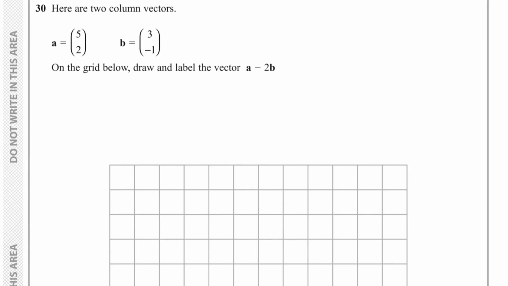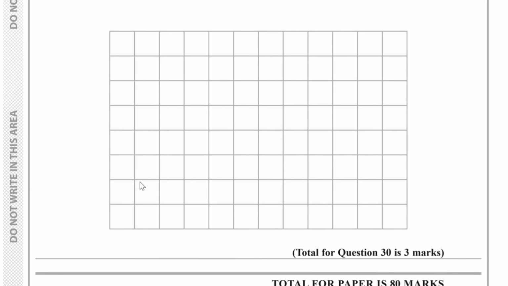Question 20. Here are 2 column vectors. We have A, which is equal to (5, 2), and B, which is equal to (3, minus 1). And on the grid below, we have to draw and label the vector A minus 2B. Well, I think it will help us all to first of all visualize what this is saying. First of all, if we draw the vector A (5, 2), so 5 across, so that's 1, 2, 3, 4, 5, 2 up.